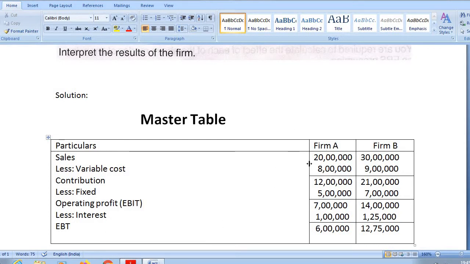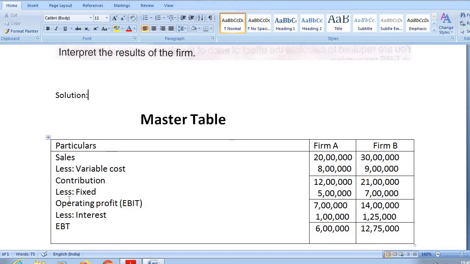Here, the variable cost is 40% of sales, which is 8 lakhs, that is 40% of 20 lakhs. And for firm B, it is 30% of sales, so 30% of 30 lakhs, which comes to 9 lakhs. If you deduct it, you will get a contribution of 12 lakhs and 21 lakhs respectively.